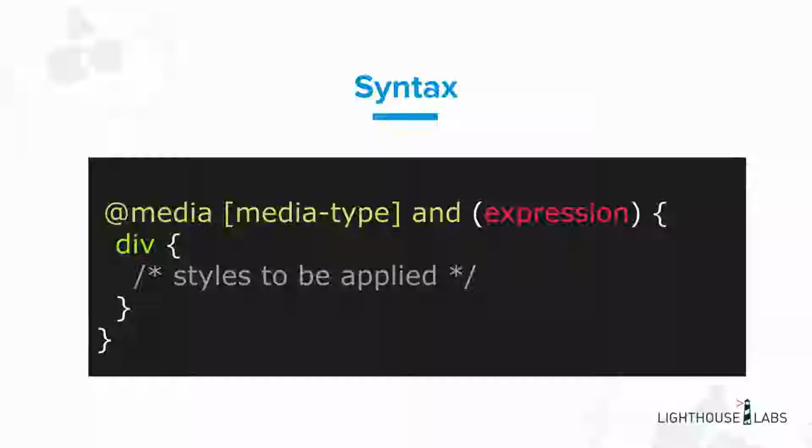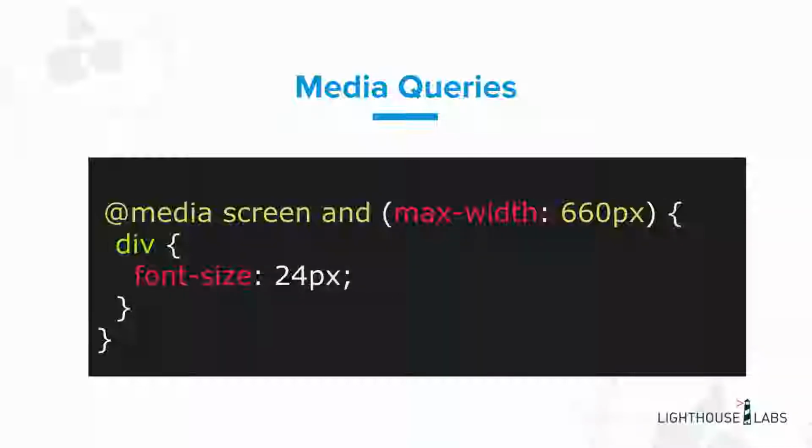We're just using screen. And then the expression, and that's where we'll put our max width, 768, or min width in there. And then within that, you're hugging all of your CSS selectors, and that's going to say apply these selectors to your HTML.